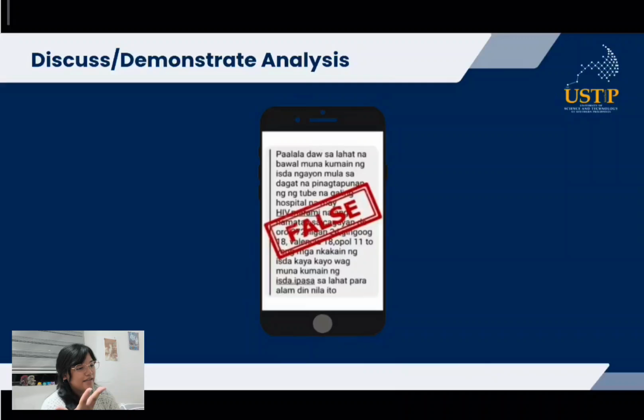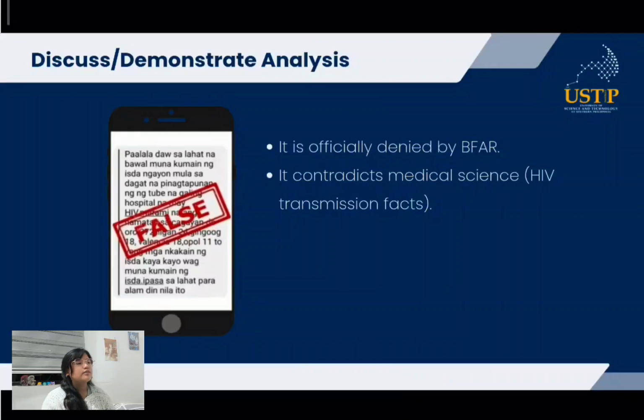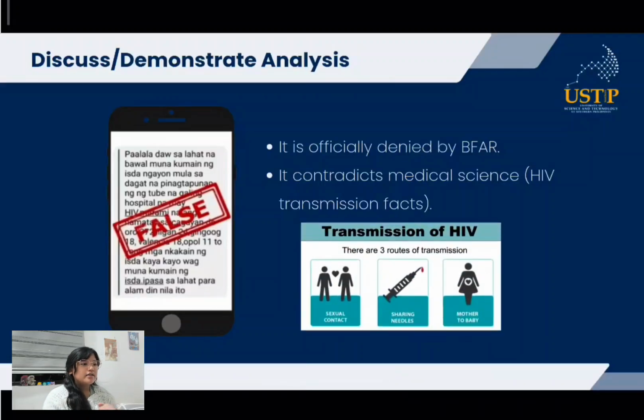So, what we can say from this type of misinformation is that obviously it was officially denied by BFAR. It's not true. And when you think about it, it contradicts the medical science, which is the HIV transmission facts. HIV can only be transmitted through sexual contact, sharing needles, as well as mother to baby.